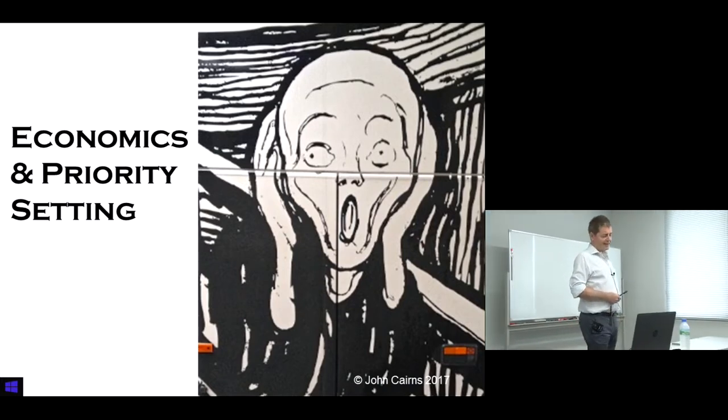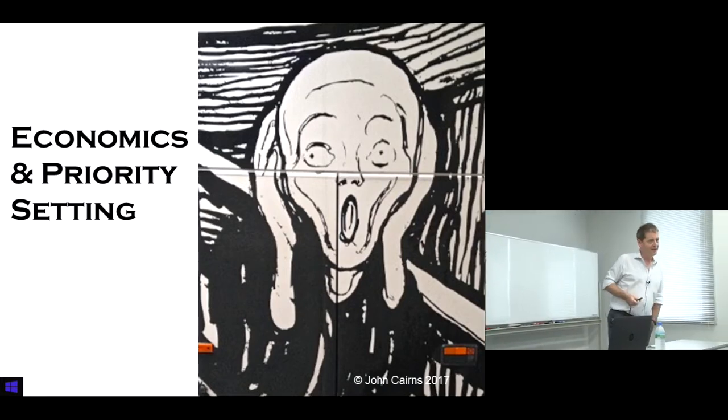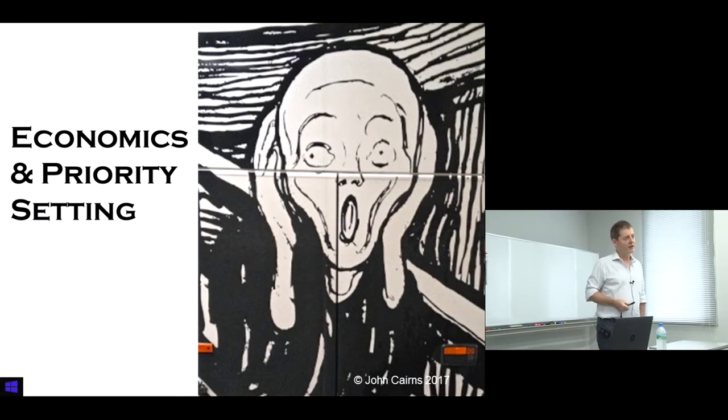And I thought, yes, for some people, the idea of using economics in priority setting brings on a scream because, as I touched on in the first lecture, there's a view that perhaps applying economics in the context of healthcare decision making is somehow wrong or unfair, or indeed some people would say unethical.